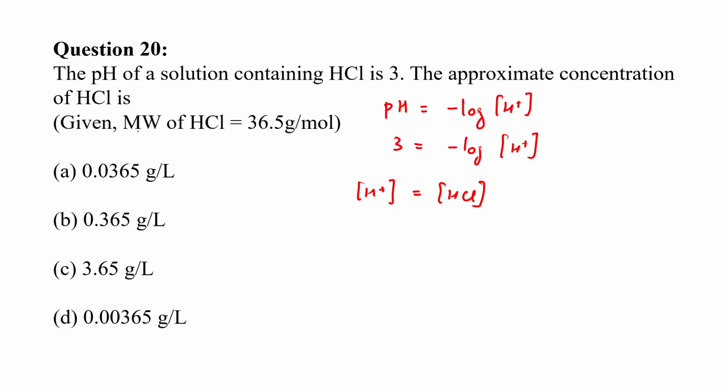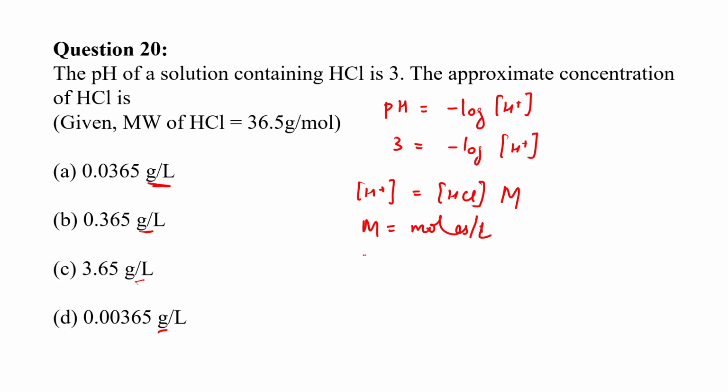But in this question we have the answers in grams per liter, so you have to pay attention to the unit. The answer that we get from here will be in molar, so we have to convert that molar into grams per liter. Molar is moles per liter, right?